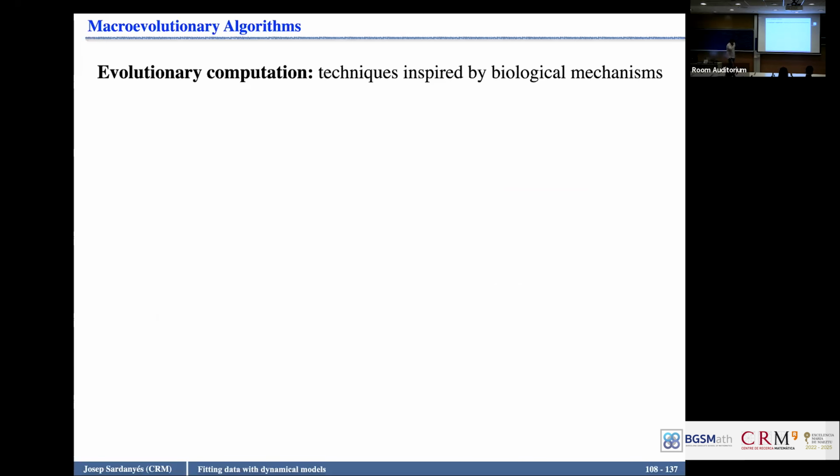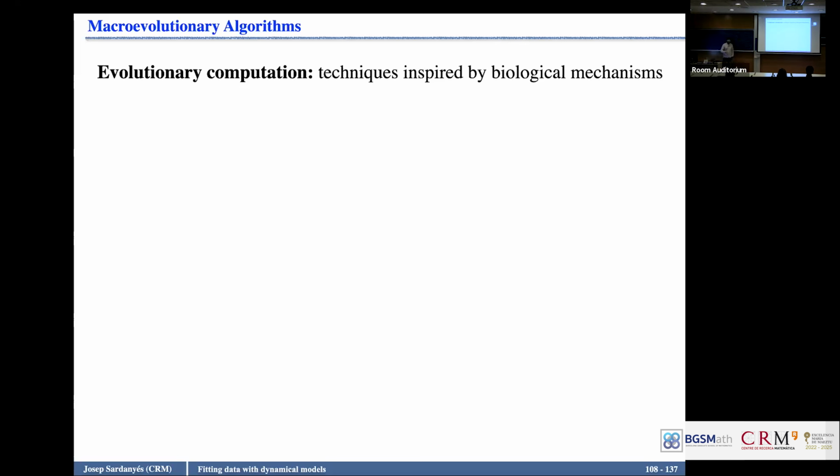So all these techniques come from a subject that is very, very exciting, that is evolutionary computation. And mainly evolutionary computation refers to computer techniques or software, processes, computer algorithms that are inspired by biological mechanisms.